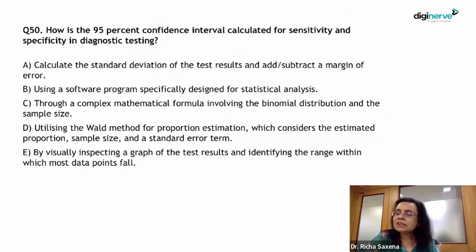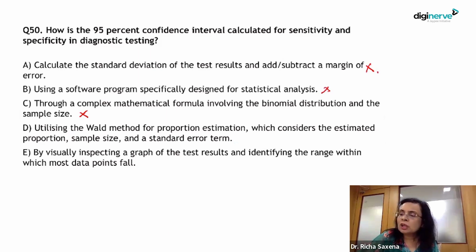Calculate the standard deviation of the test results and subtract a margin of error. This is also wrong. Using a software program specifically designed for statistical analysis, through a complex mathematical formula involving the binomial distribution and the sample size. This is also not correct. Utilizing the Wald method for proportion estimation, which considers the estimated proportion, sample size, and a standard error of mean.